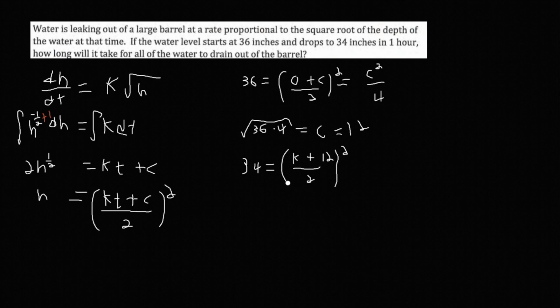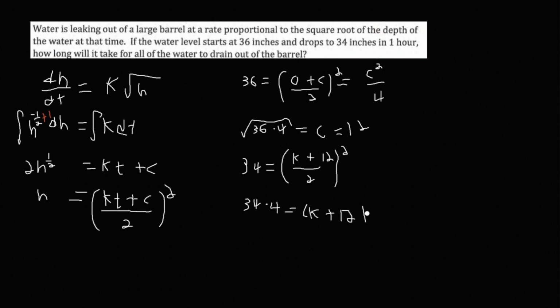So we can move the 4 over to the other side. So that is going to be 34 times, not times 2, times 4, is equal to k plus 12.